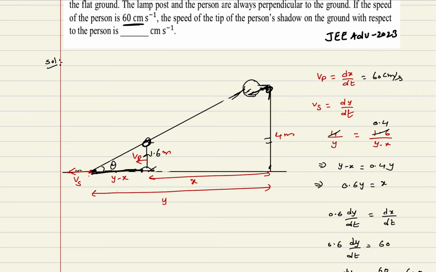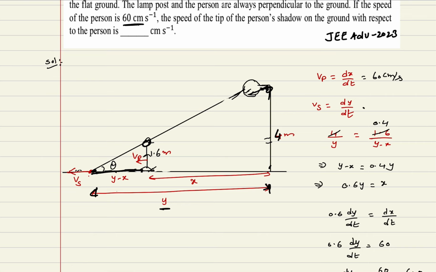Whenever light is falling on the person, we can see what the tip of the shadow is. Okay, I have taken vs as the speed of the tip. As per the question, vs is equal to dy by dt. Okay, dy by dt means the distance of the shadow from the lamp post is y.